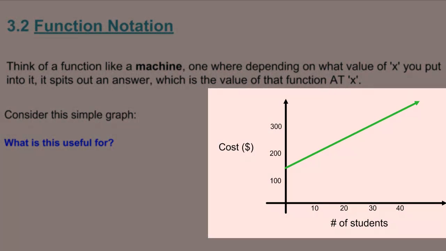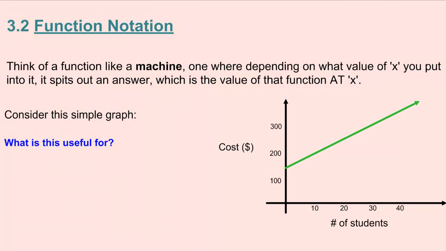So I want you to look at this graph. This is a graph of cost on one axis and the number of students on the other. Ask yourself, what could this graph be useful for? Just looking at it, it doesn't say what the students are for or what the cost is for.